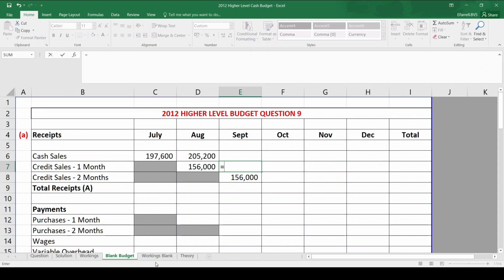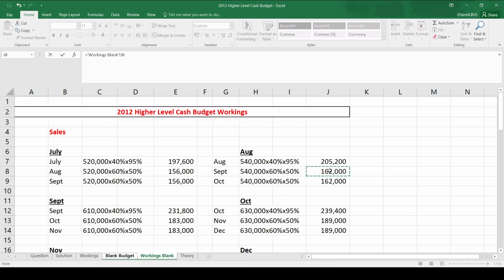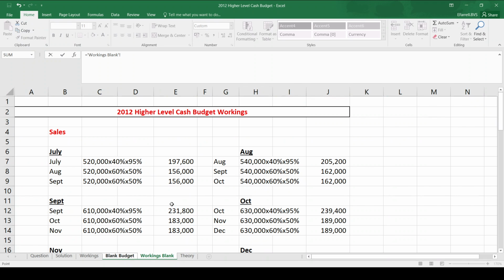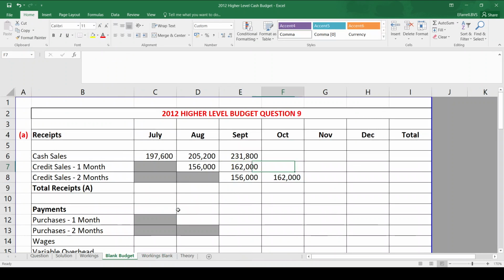And again, 1 month from August and in September, I'm going to get 162. And the remaining people are going to pay 2 months later, which again is 162. In September, my cash amount is 231,800. My credit 1 month, 183. And credit 2 months, 183.